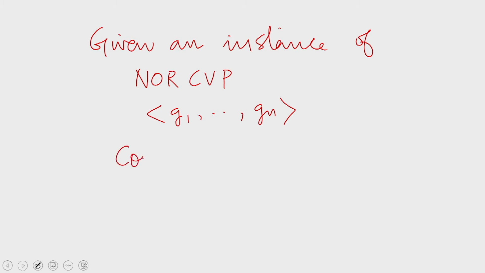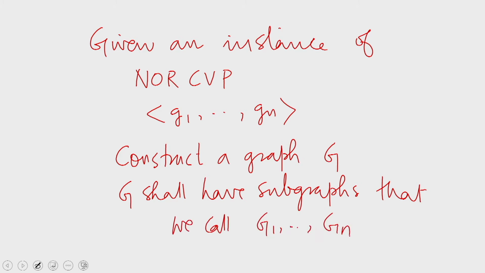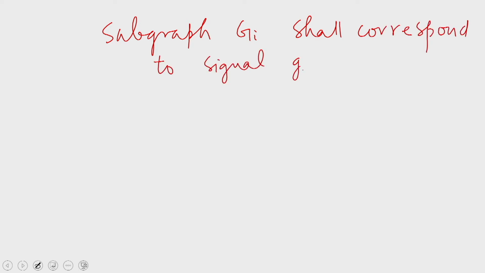We construct a graph G. The G that we are going to construct shall have subgraphs that we call G1 through Gn. So, subgraph Gi, capital Gi, shall correspond to signal Gi or the output of gate small gi, and these units in particular will have these vertices.